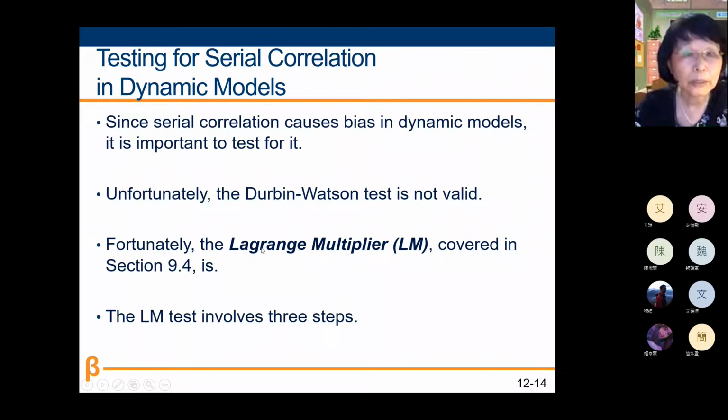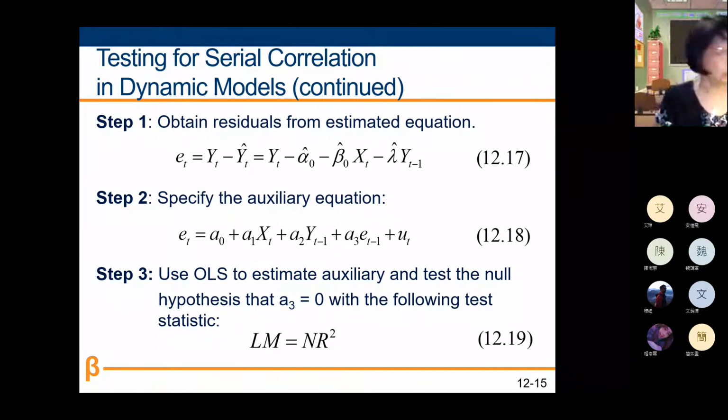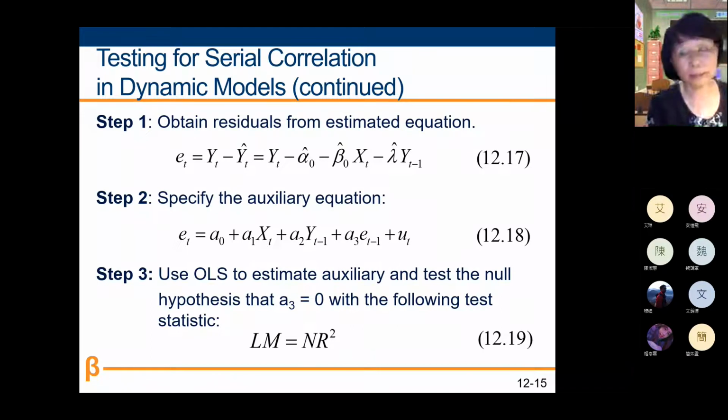So we need to use the Lagrange multiplier test. Then we're going to use the example we showed last week about consumption and income.